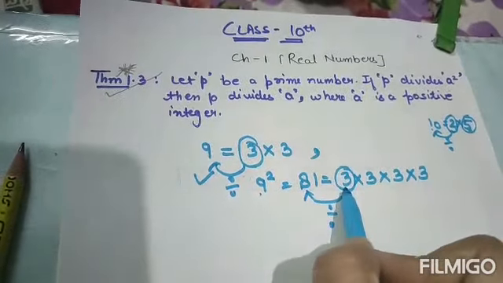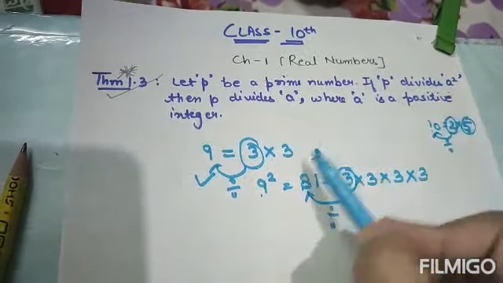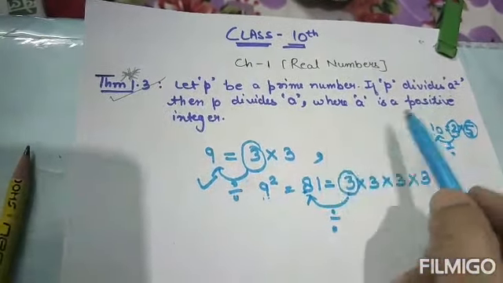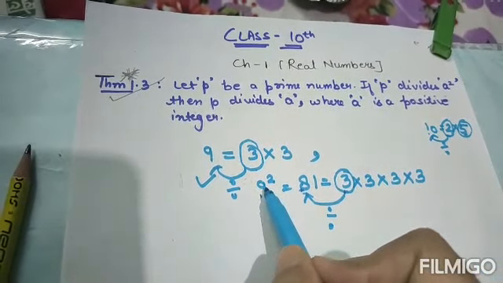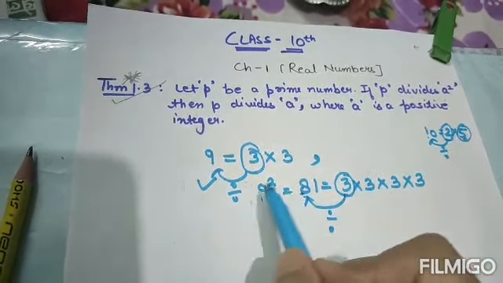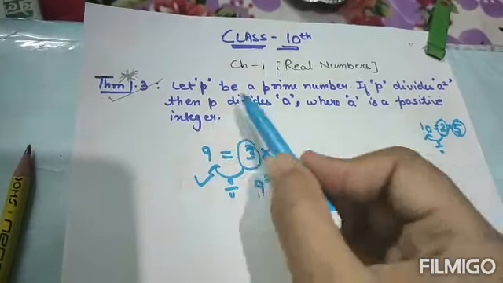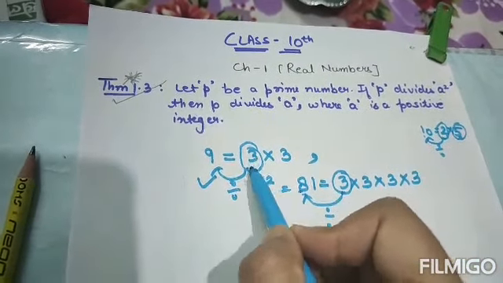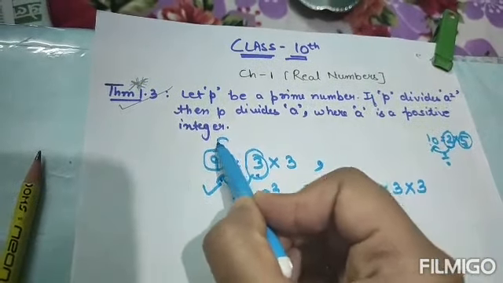That means if 3 is dividing the square of any number, look here, it is a square, not square root, the square of any number. So 3 is dividing the square of a positive integer, that is 81. Then P also divides A, where the prime number is 3. 3 also divides A, where A is here 9.